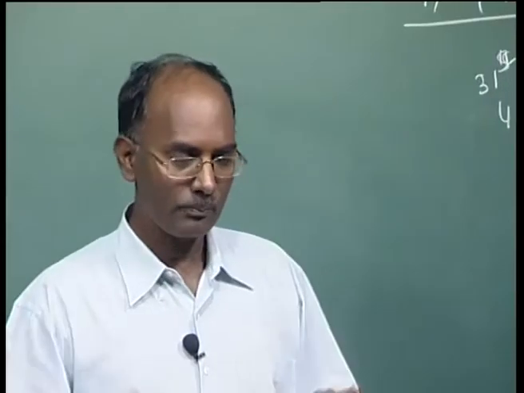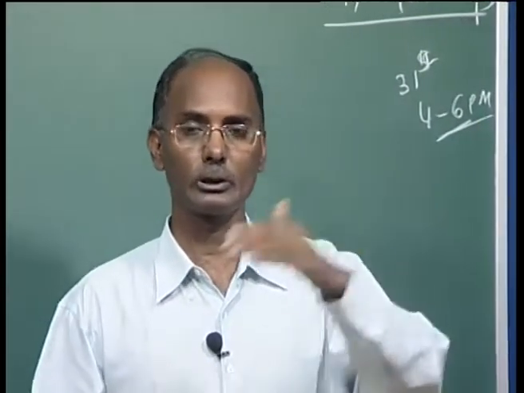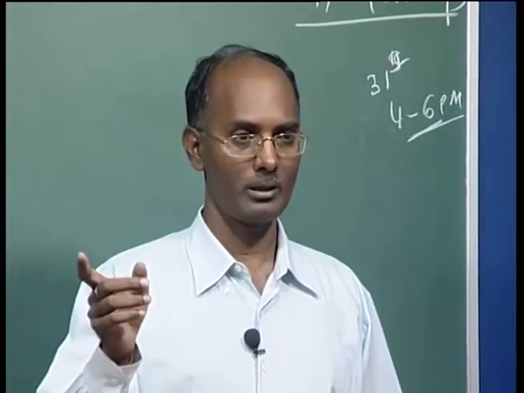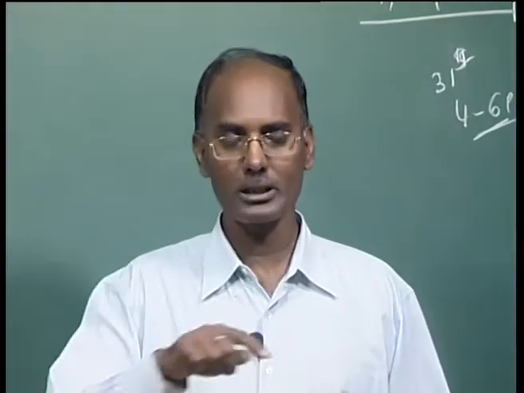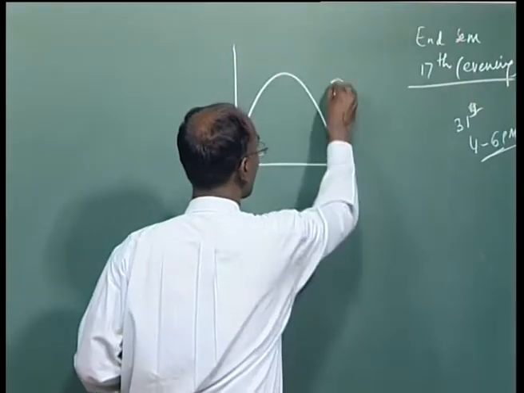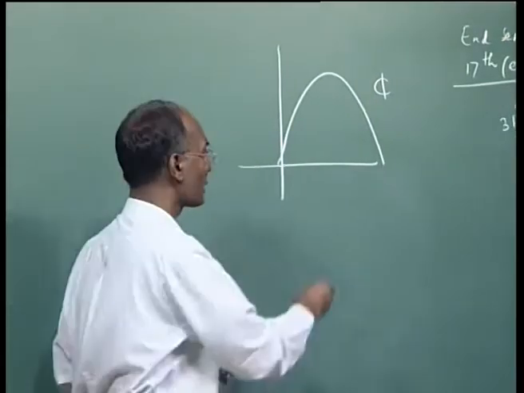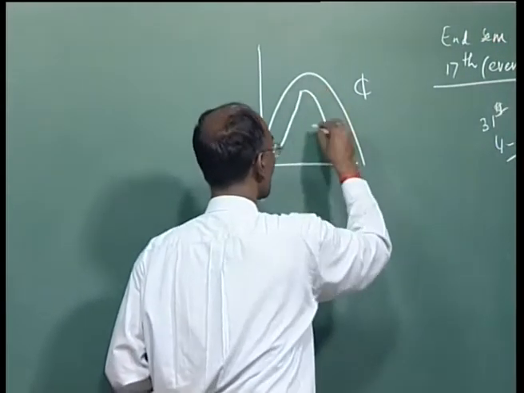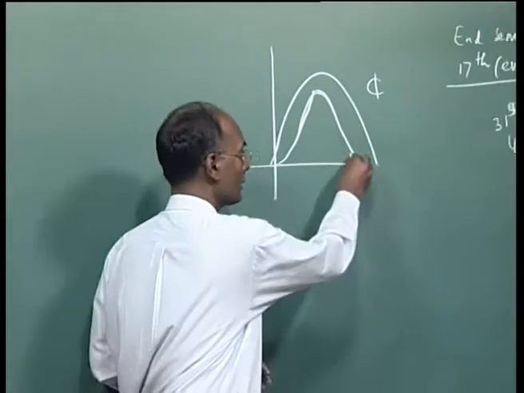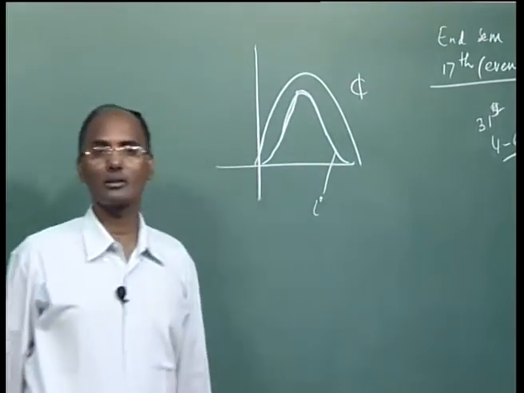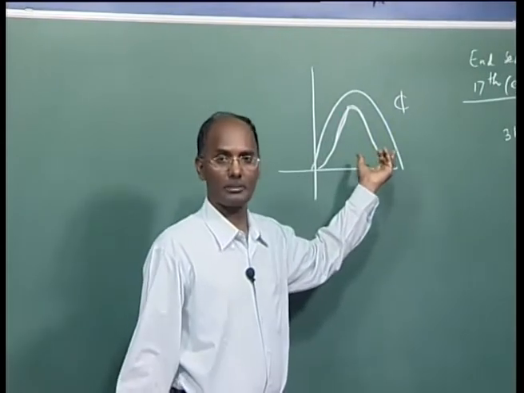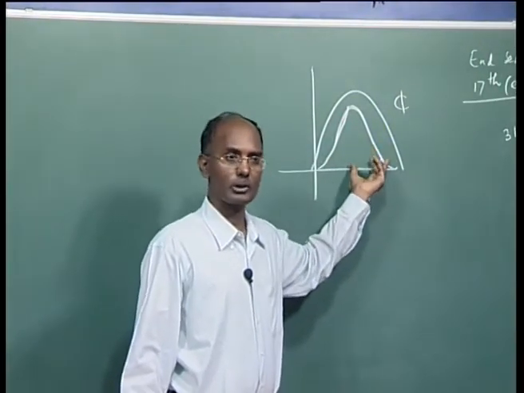Once the transformer is saturated, because all transformers normally operate at the knee point, then even if the flux phi is perfectly sinusoidal, the excitation current will be like this. This excitation current is not sinusoidal, and thereby it will generate some harmonics. So, this is also a source of harmonics.